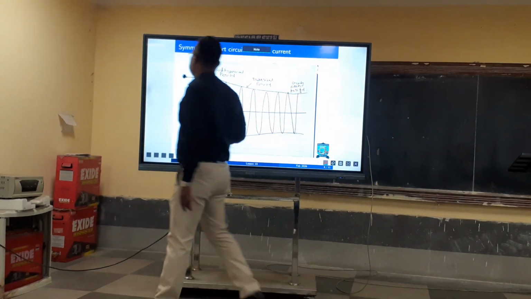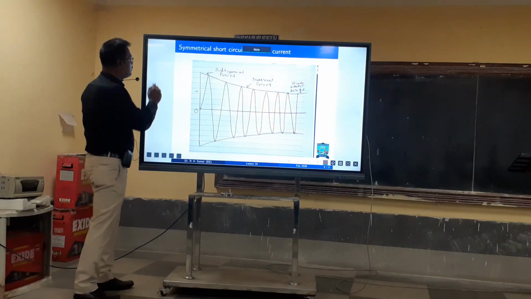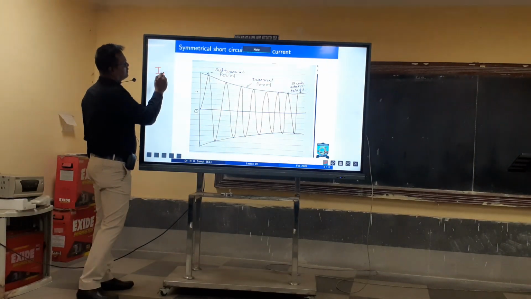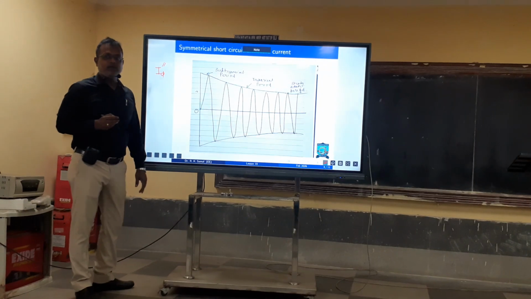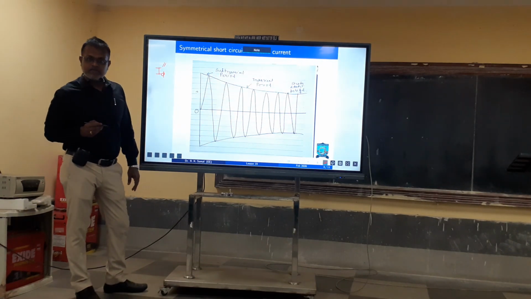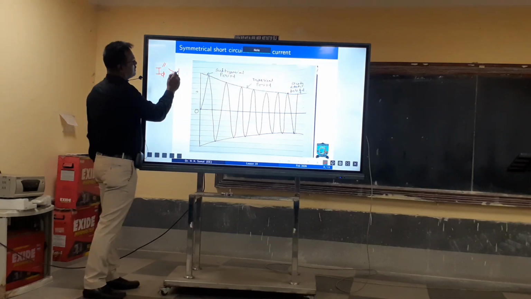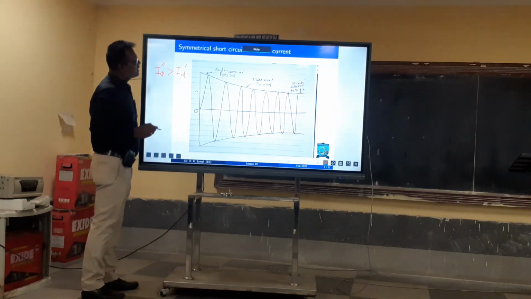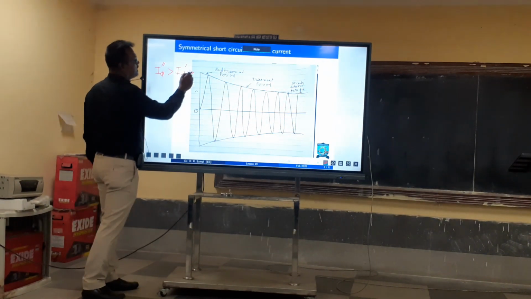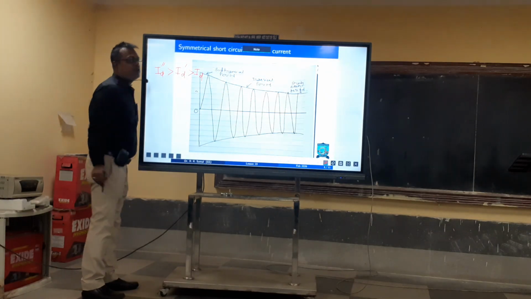So I will say I_D double dash, which is the short circuit current during the subtransient period, is greater than the short circuit current during the transient period, I_D dash, which is greater than the steady state current I_D.